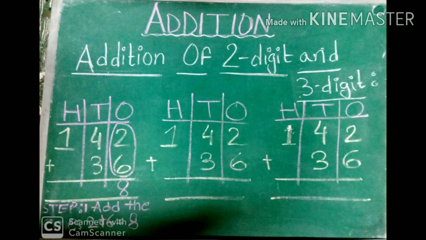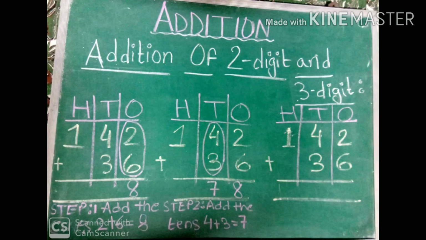Step number 1 is add the ones. 2 plus 6 gives us 8.